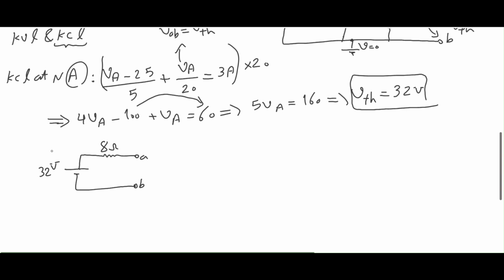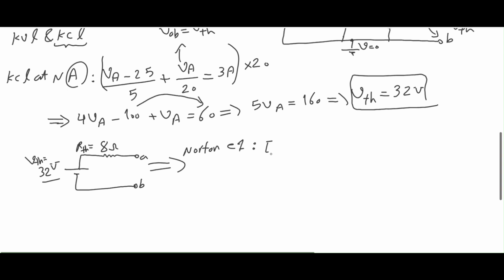So all those elements to the left of AB are now replaced by the Thevenin voltage and Thevenin resistor. From here, is there another equivalent circuit? Yes, I'm gonna just convert it to a Norton equivalent circuit.